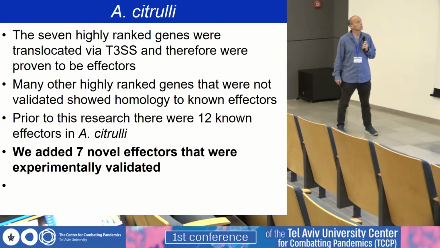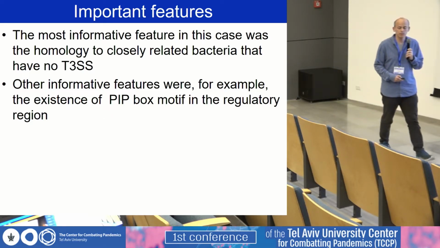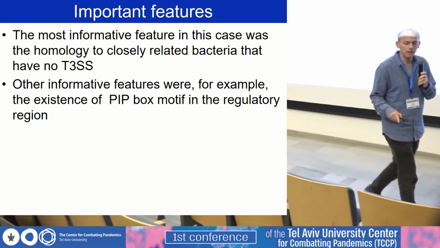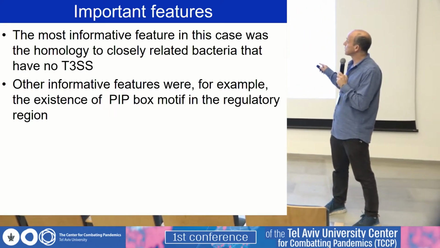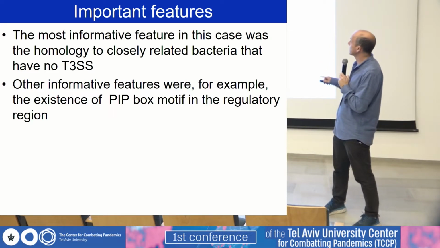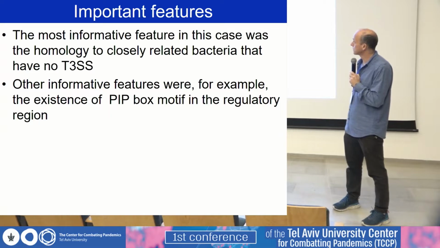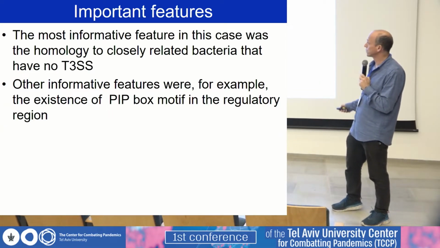Interestingly, in this case, the most informative features were that the genes are only there, they don't have homologs in closely related bacteria without a type 3 secretion system, and a regulation motif in their promoter.